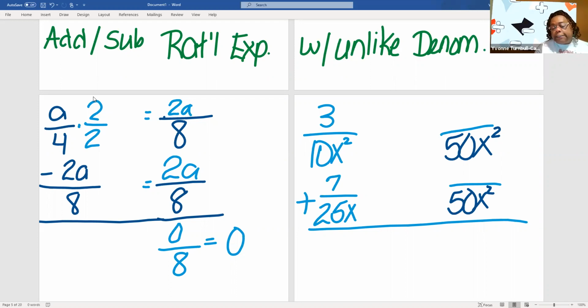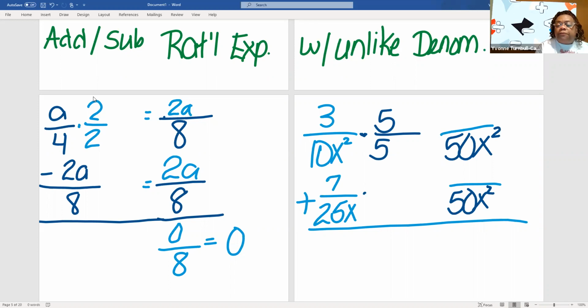All right, let's see. We're trying to get to 50x squared. So let's see, what can we multiply by 10 that's going to give us 50? 5. We do not need an x there because if we do, we're going to increase our x's and it's supposed to be x squared. So remember, when you multiply times the bottom, you have to do it times the top as well.